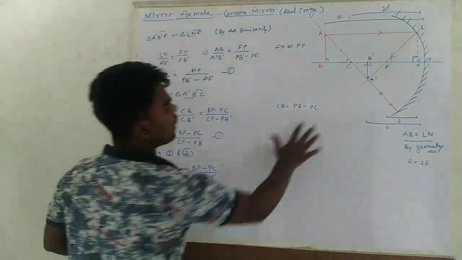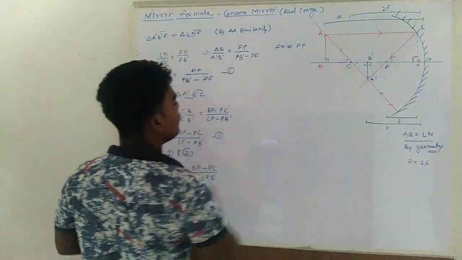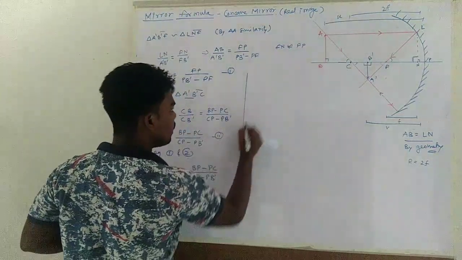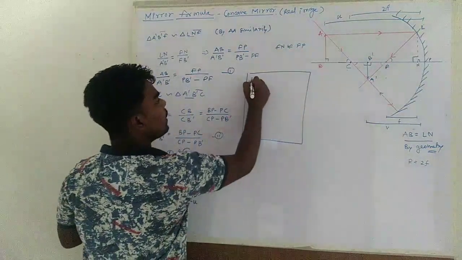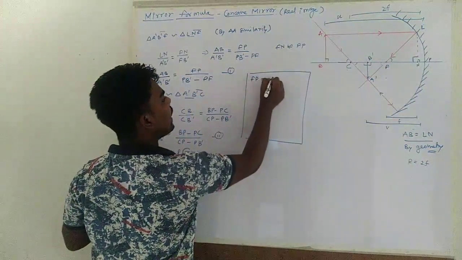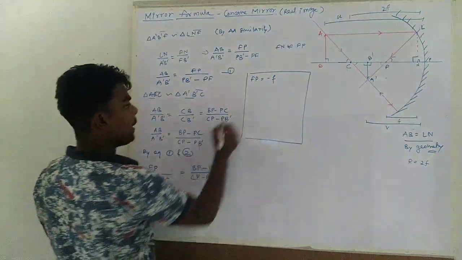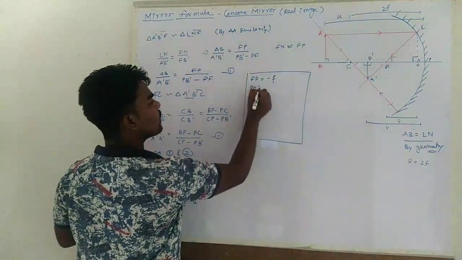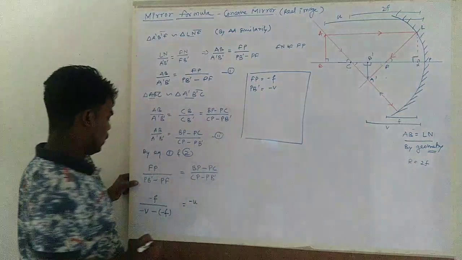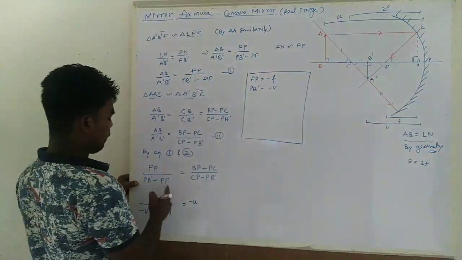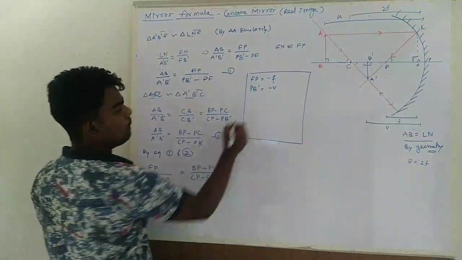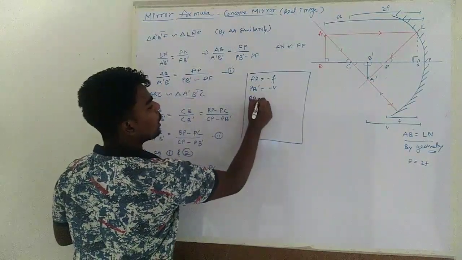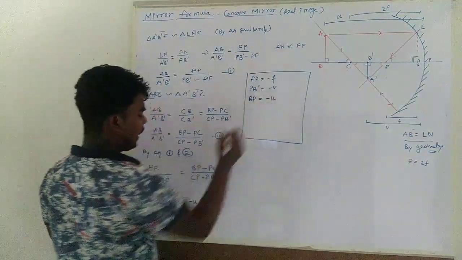So one thing I will do is write every value here. FP is negative F. PB dash is minus V. PF is the same as FP, minus F. Then BP or PB will be negative U.